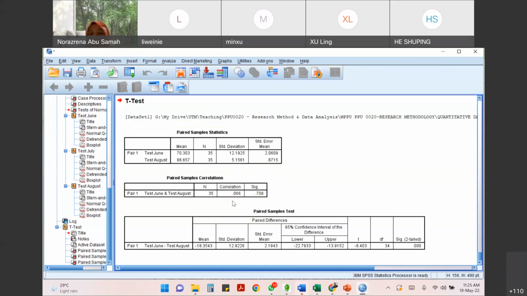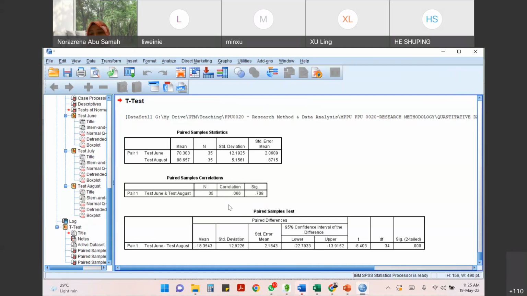The correlation value is from 0 to 1, positive or negative. It only goes from 0 to 1. There is no 1.5, 2.5, 7.5. No, there is only 0 to 1. If it is approaching 1, it means it has a strong correlation.